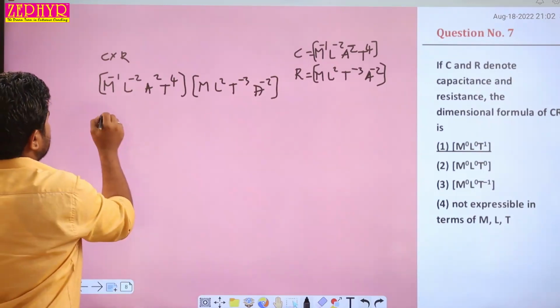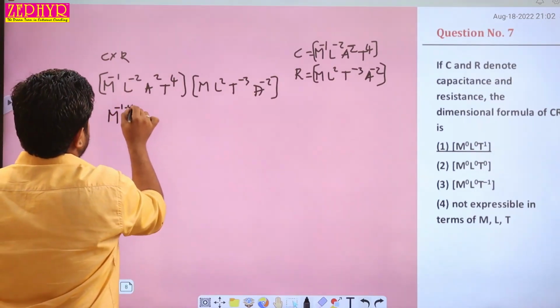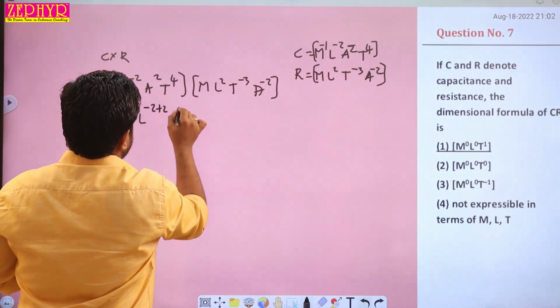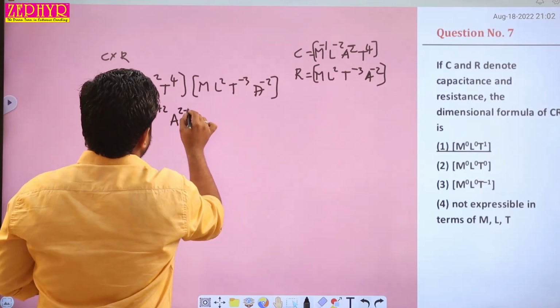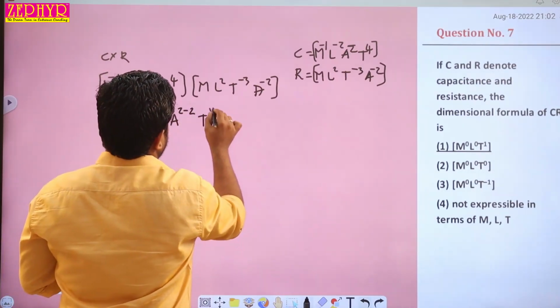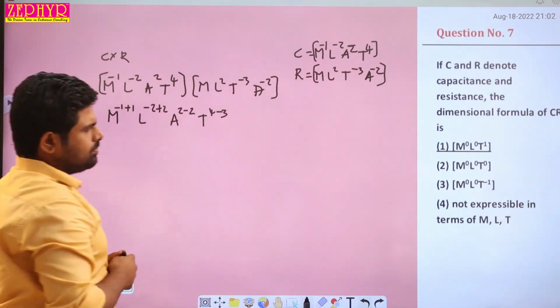So now the result is M raised to minus 1 plus 1, L raised to minus 2 plus 2, A raised to 2 minus 2, then T raised to 4 minus 3.